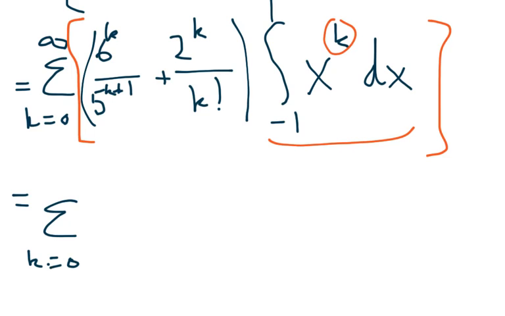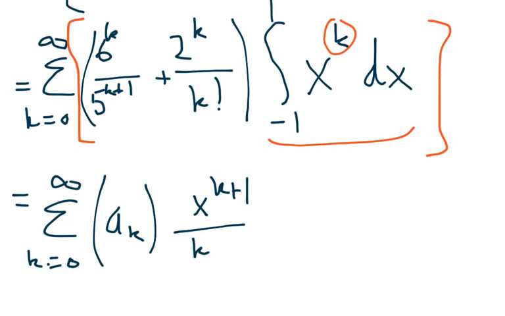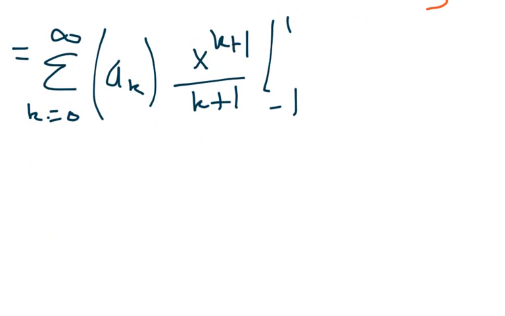We have k equals 0 to infinity. This constant still, I'm going to call this constant a_k. I've already defined it above. And then I have times, well, this is just going to be x to the k plus 1 over k plus 1 from -1 to 1. So the sum, k equals 0 to infinity, of a_k, which I've defined above again.